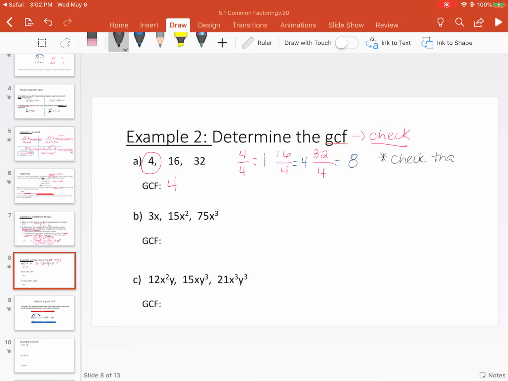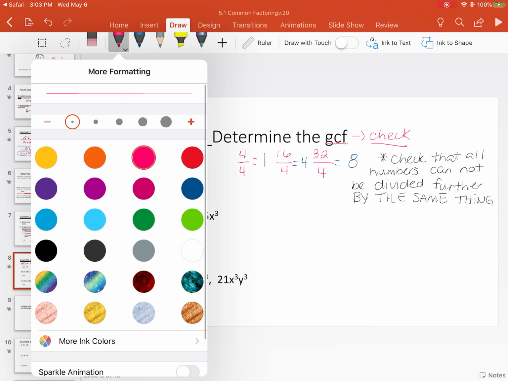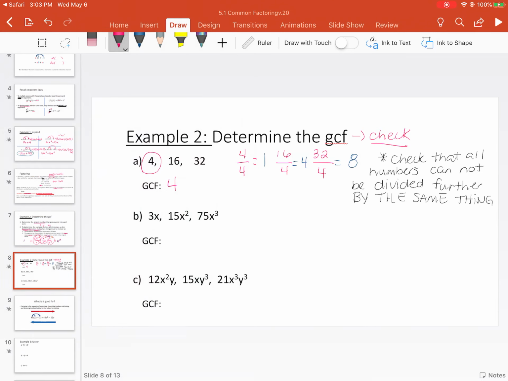So I'm just going to write that down. I'm not going to say the same number because later on you're going to see that you actually can divide by letters as well, but it has to be divisible by the same thing.